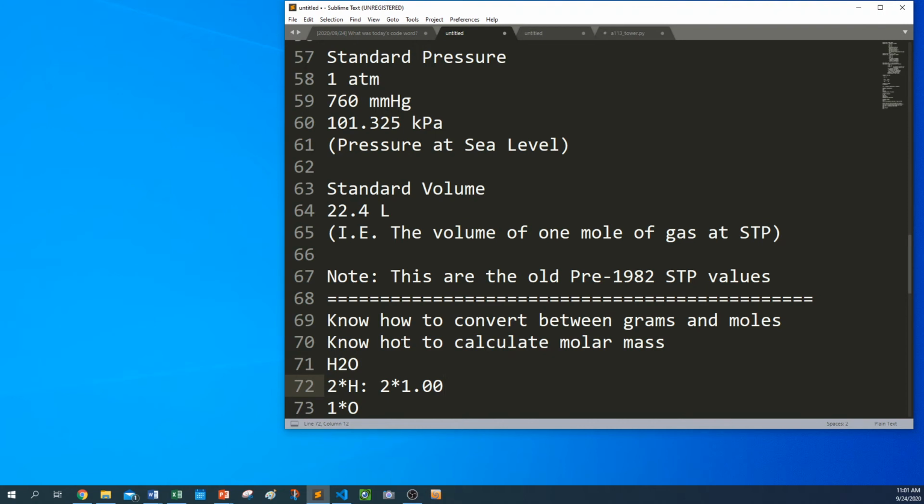1.00. Is it 2 or 3 zeros? So it's 2 zeros. And 1 times 15.9994.